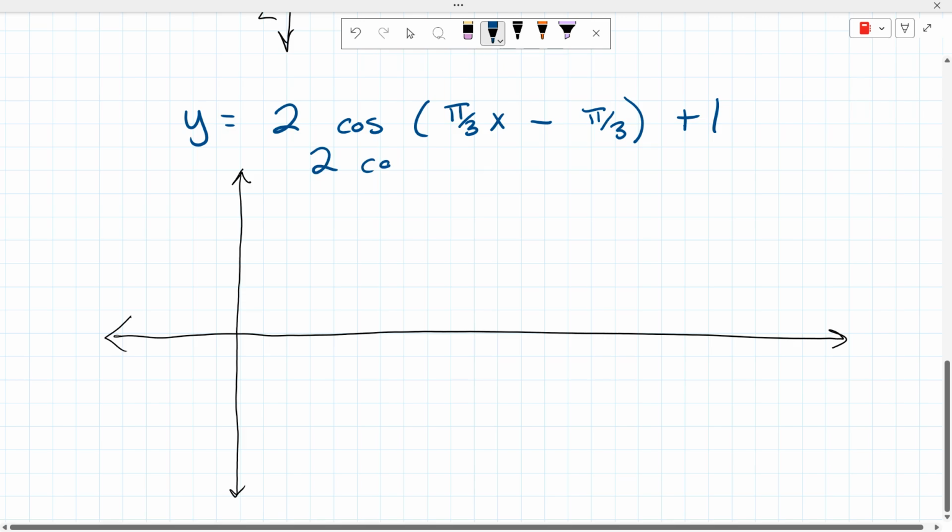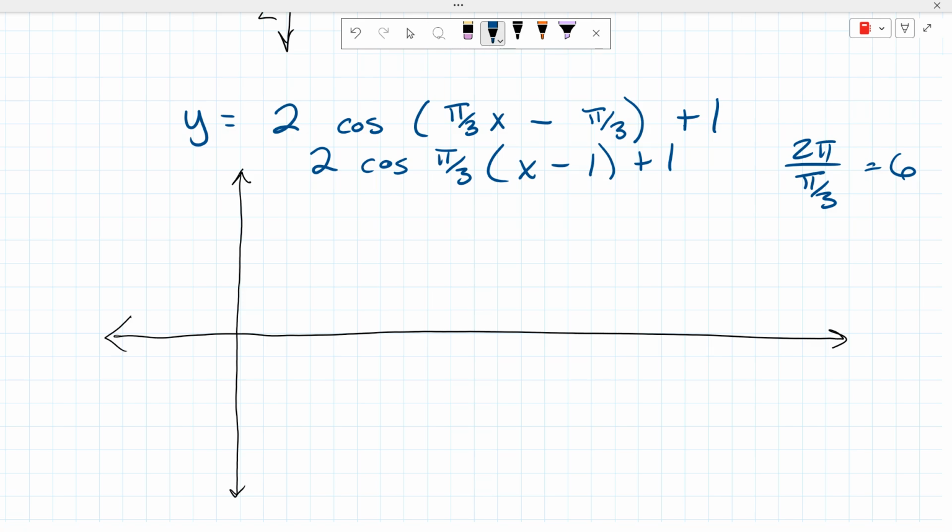So 2 cosine of pi over 3 times x minus 1, plus 1. So, what's 2 pi divided by pi over 3? You have to multiply both the top and bottom by 3 over pi to get rid of pi over 3 on the bottom. The pi's cancel and you get 6.